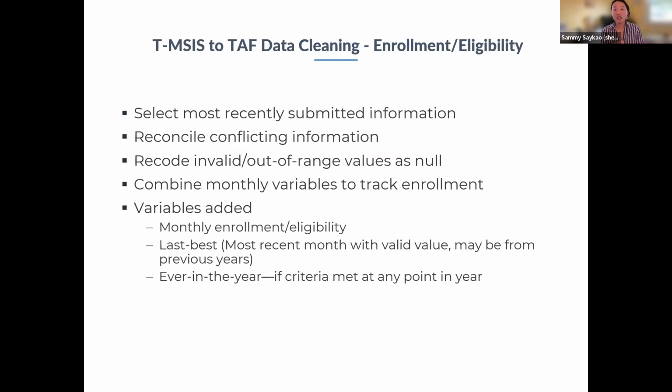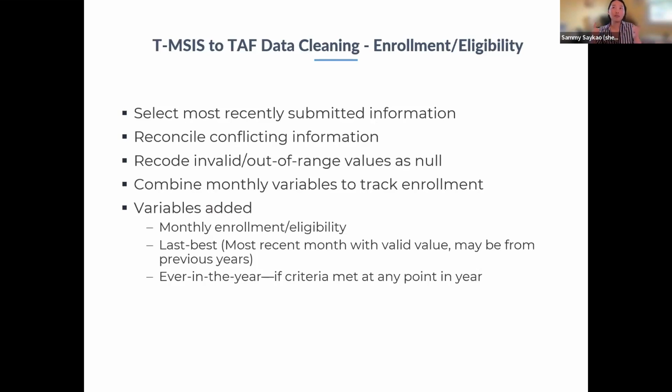So data cleaning and consolidation, specifically for enrollment and eligibility, I want to point out that things that happen at this step will not be found in the TMSIS documentation, especially anything like variables that are added.